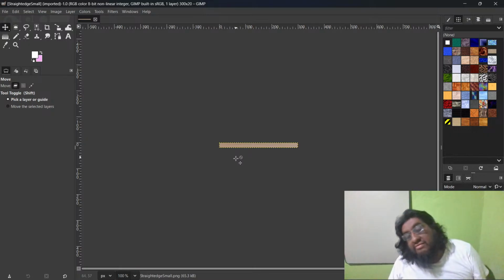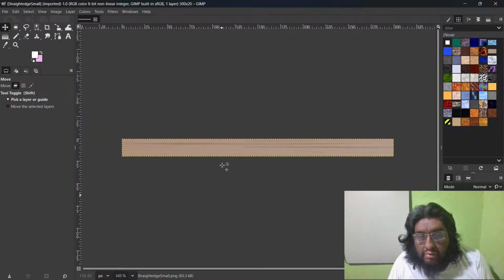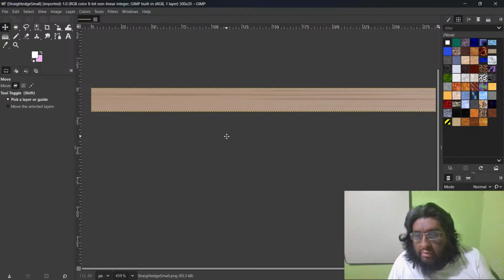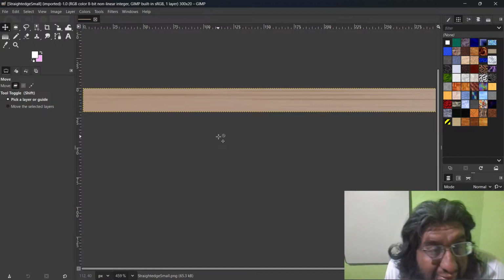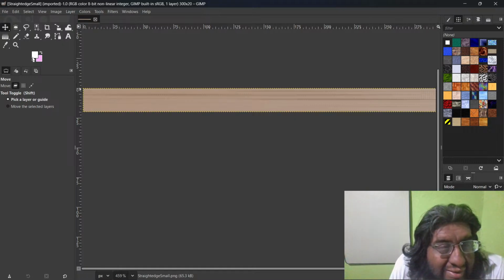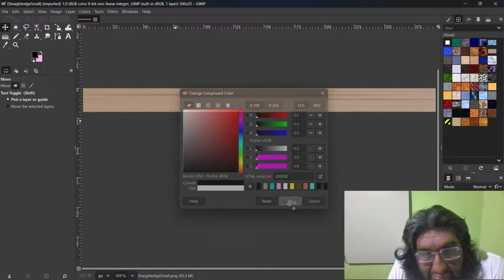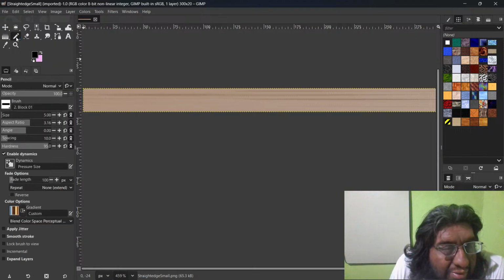Okay, now let's zoom in. So this is 20. I'm going to select a different color. I'm going to draw a line with the pencil.